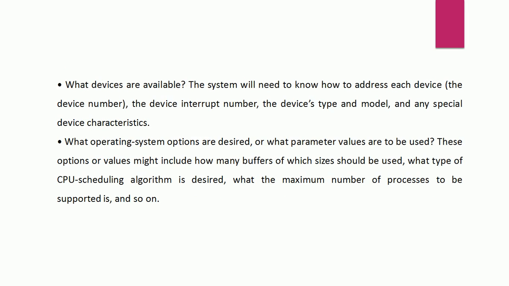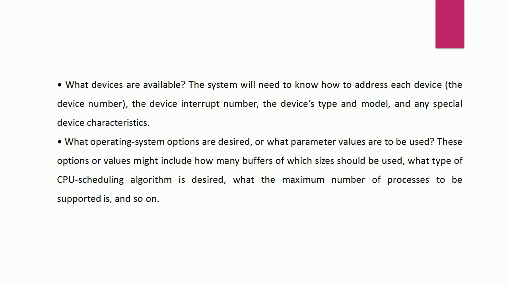Next, what devices are available? The system will need to know how to address each device, that is, the device number, the device interrupt number, the device type and model, and any specific device characteristics.